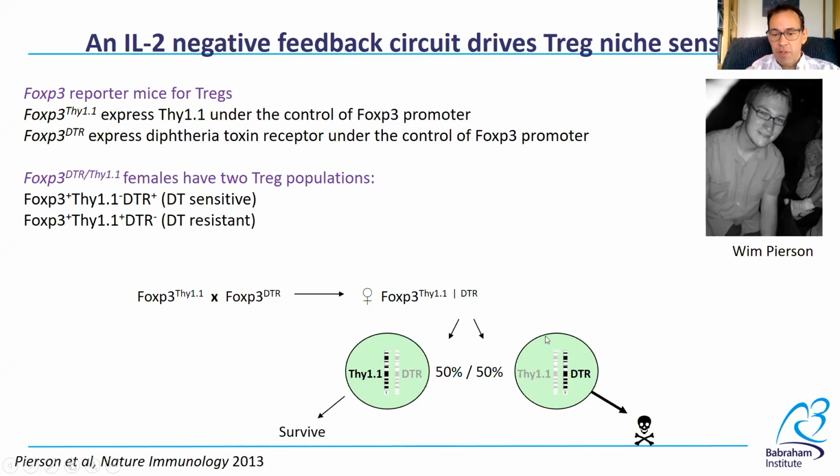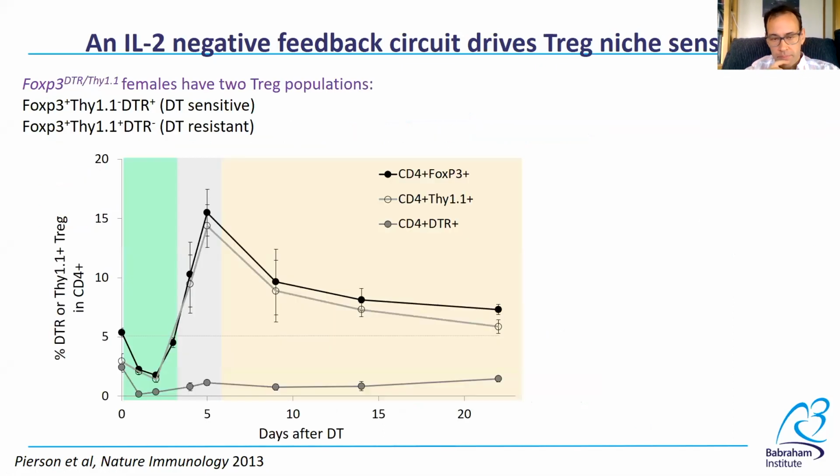And if we inject diphtheria toxin, we can wipe out this half of the population. And the other 50% of Tregs will be Thy1.1 positive, but completely resistant to diphtheria toxin. So this lets us wipe out half the Tregs at once and then look how the other half respond to that change in population size.